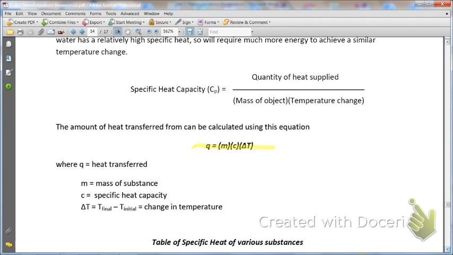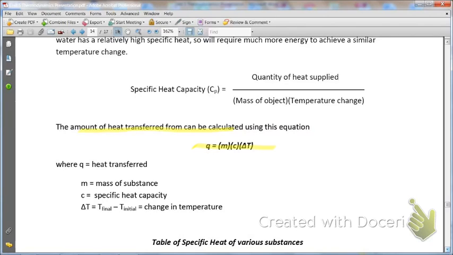When you use an equation like this, using the specific heat, mass, and temperature, you can actually determine the amount of heat transferred from one object to another using this equation. So this is a really important equation that you need to have memorized. We're going to use this equation throughout thermodynamics, specifically when we talk about heat transfer and calorimetry.